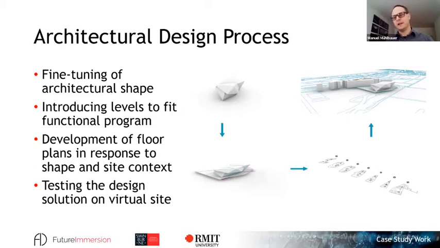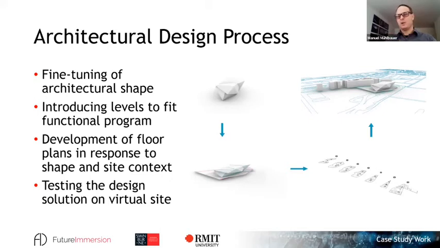In the next step, the levels were introduced, and the considerations about room heights, for example, started coming into the discussion, and also first considerations about the floor plans, which we then developed in response to the shape, but also to the site. It's kind of working from both sides.